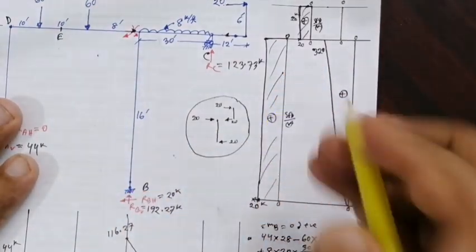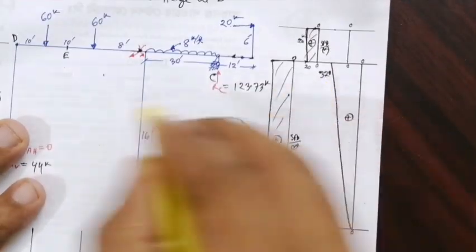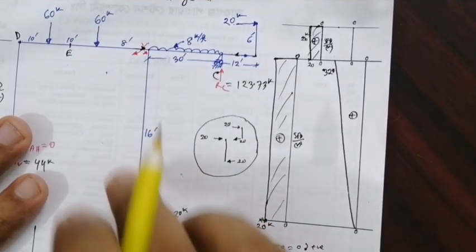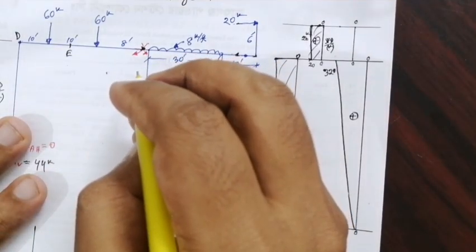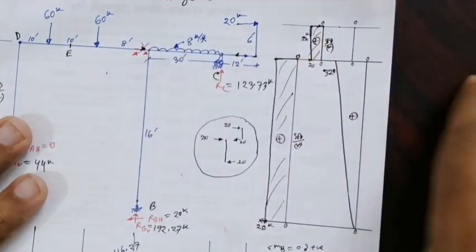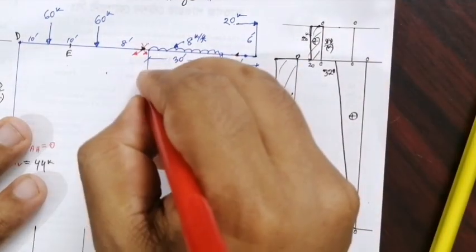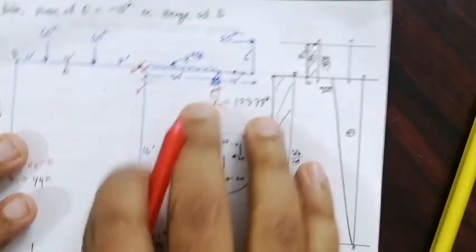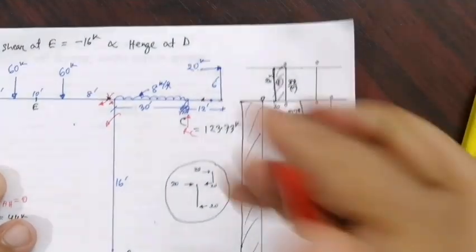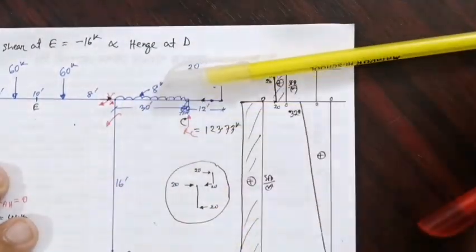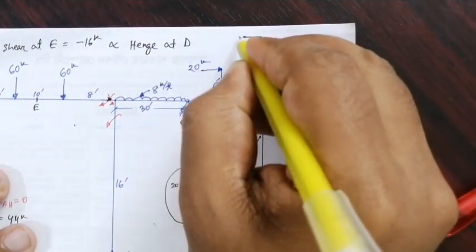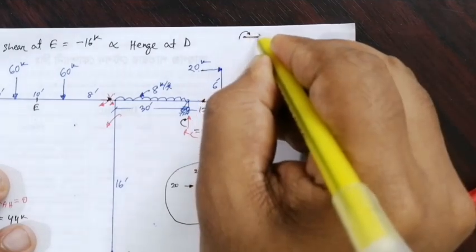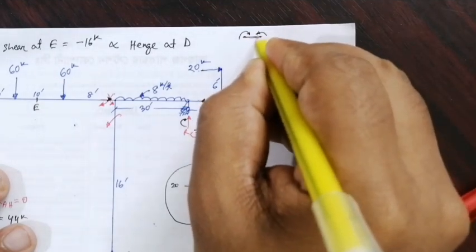So this 320 acts which way? Positive means this way. So we can see the moment positive and negative. Which is positive? If this is the beam, and the moment acts this way and this way, this is positive.